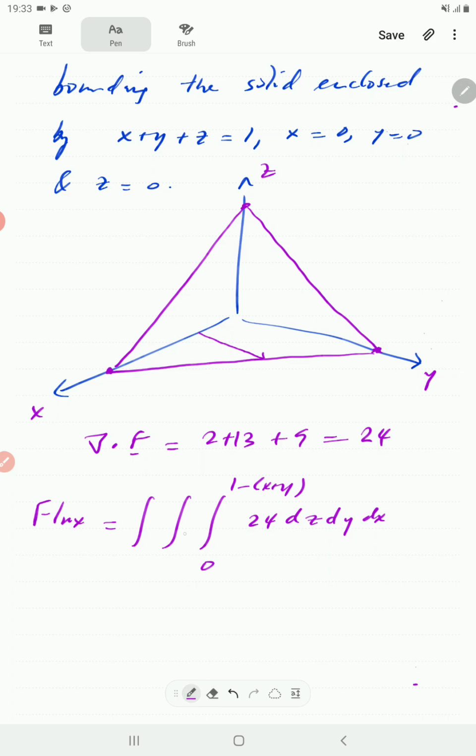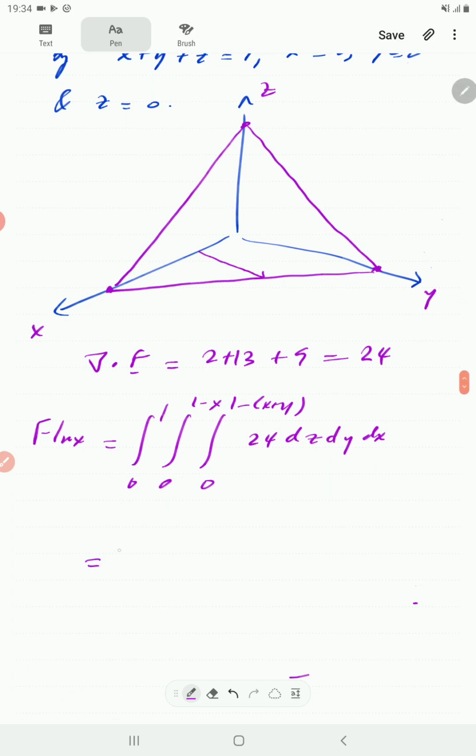So it's going to be 0 to 1 minus x. And then the last one is going to be x, which is simply going to be from 0 to 1. Okay. Then we do the integration. I'm not going to stress you with the details again.